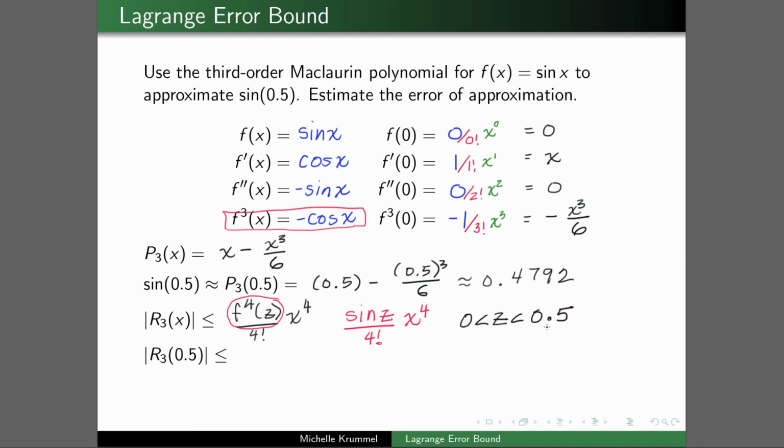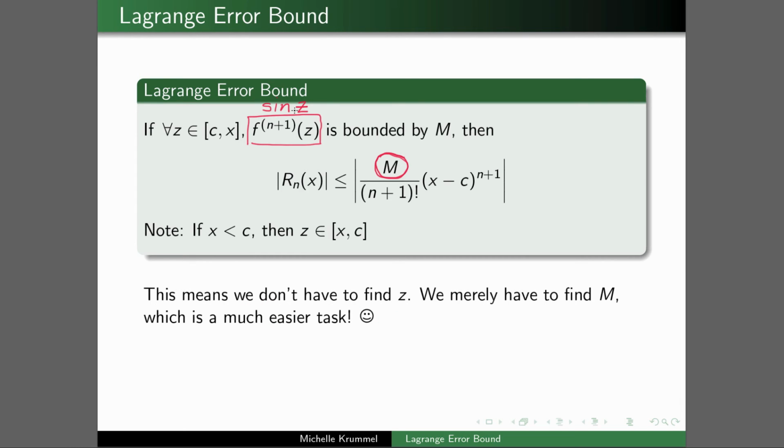Rather than going to the calculator and graphing the sine of z and trying to figure out where on this interval it reaches its maximum, we can use the fact that the sine of z will always be less than 1. The sine of any value is between negative 1 and 1. So it is bounded above by the number 1. And let's go ahead and use that for our value M. The largest possible value for the sine of z is 1. So we're going to let M equal 1 in this case.